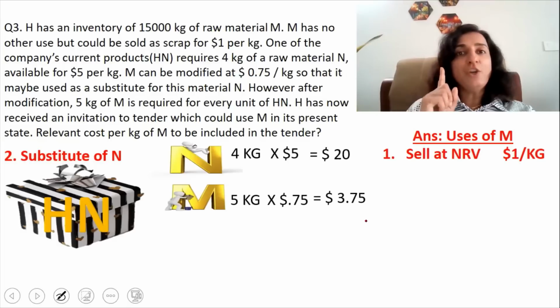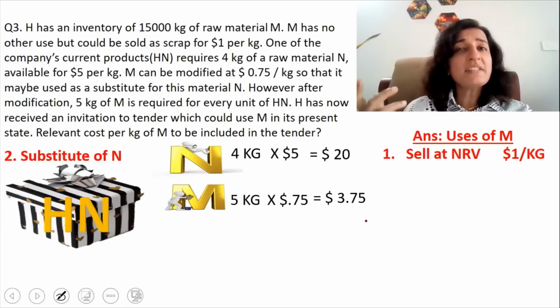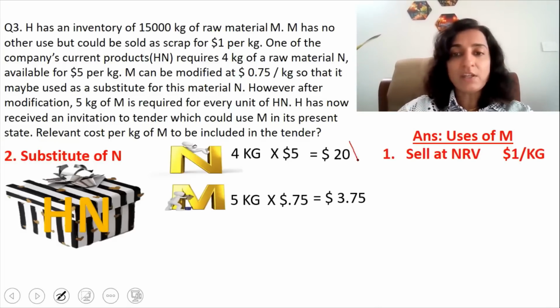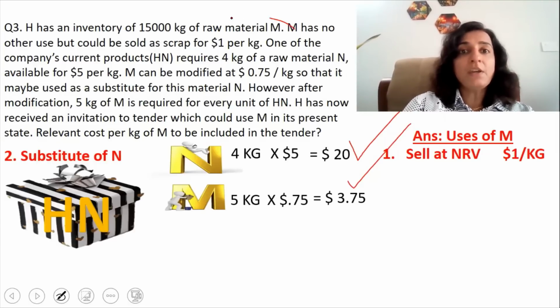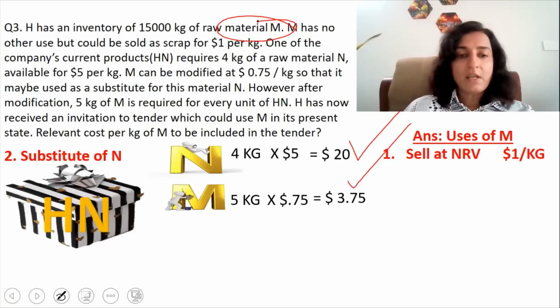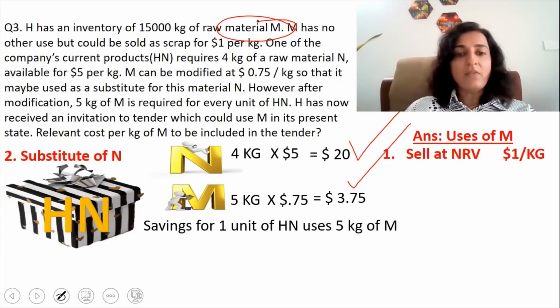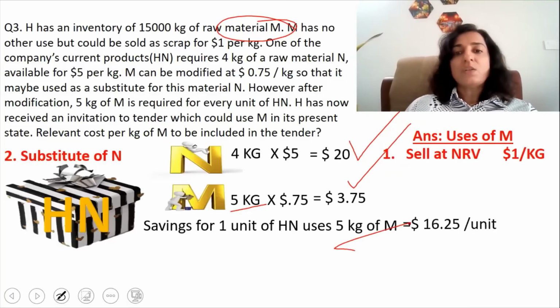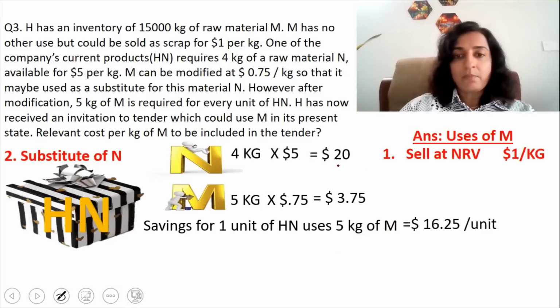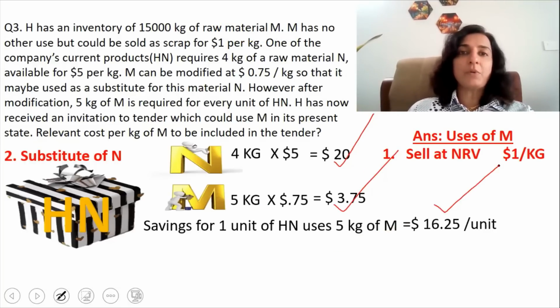So for every unit of HN, how much are we saving? We are saving 20 minus $3.75, right, if we are using material M. So the savings for 1 unit of HN, which uses 5 kg of M, is 20 minus 3.75, or 16.25 per unit.